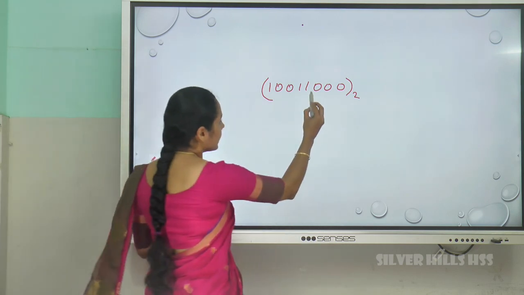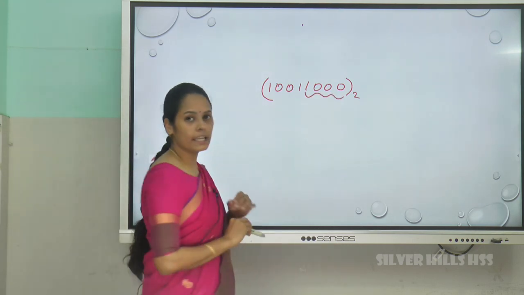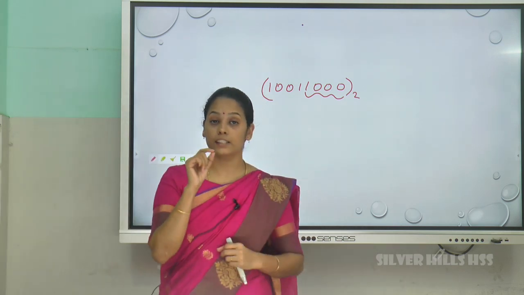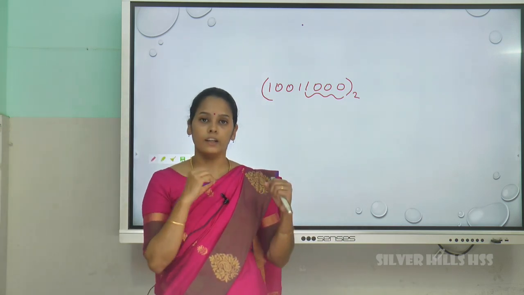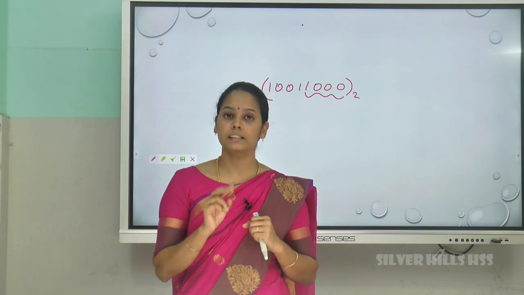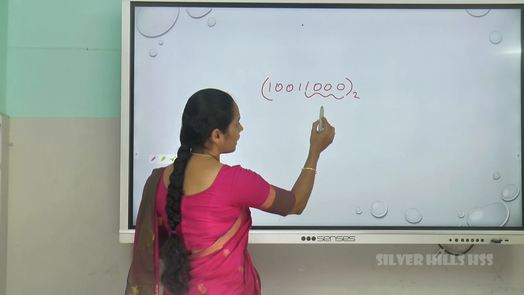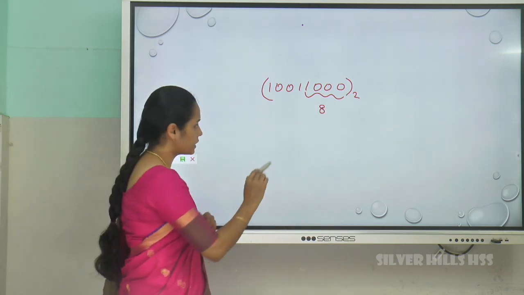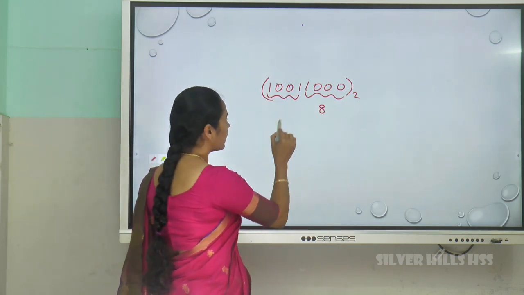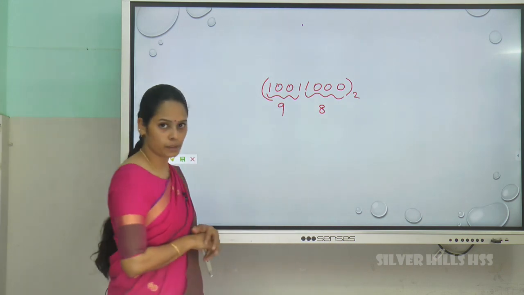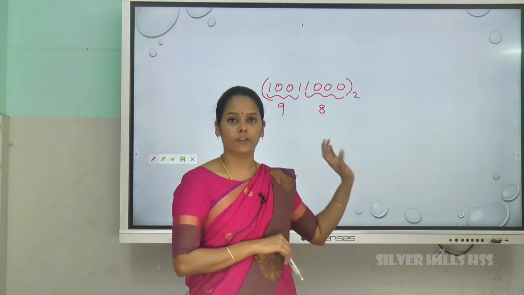Normally in hexadecimal, 1 digit represents 4 bits, and in octal, 1 digit represents 3 bits. So here we can write these 4 bits together as one hexadecimal digit, and the next 4 bits together as the next hexadecimal digit, and you will learn these conversions later.